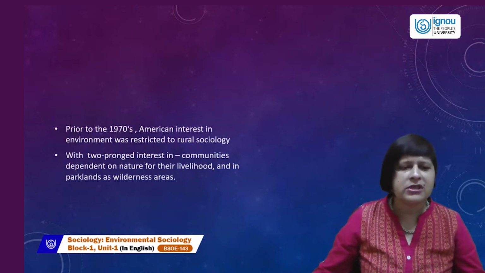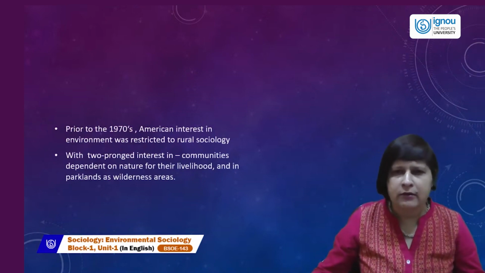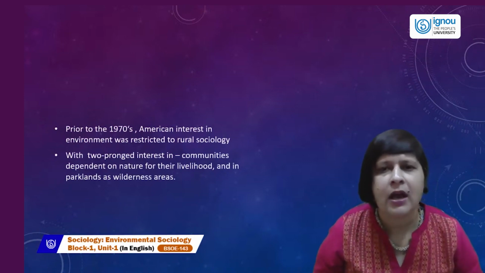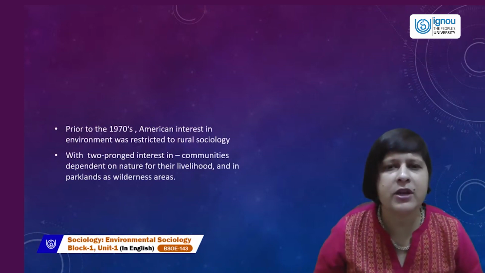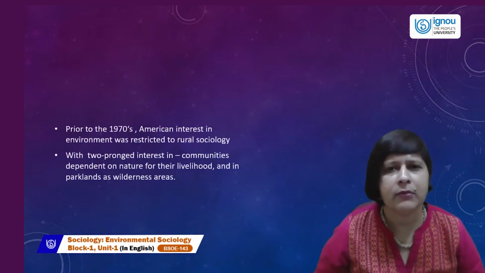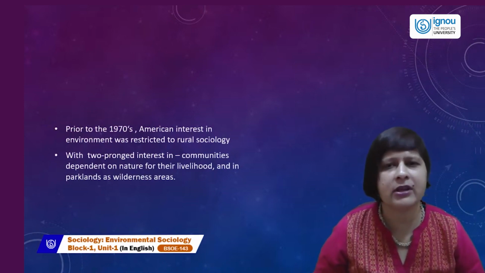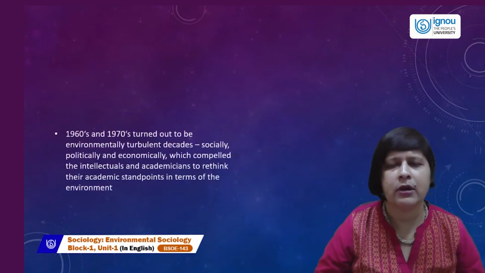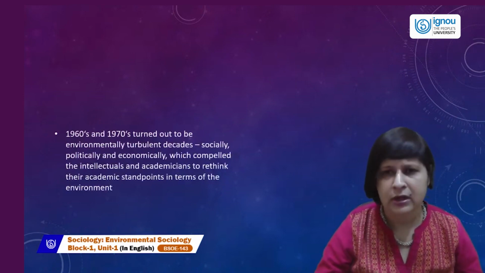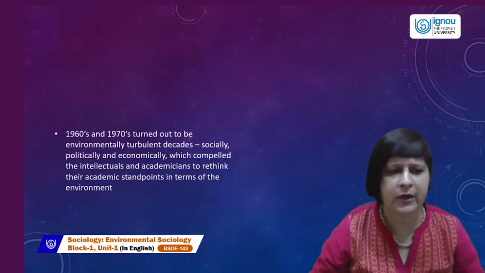According to the sociologists, the environment was just about how communities in the village depend on nature for their livelihood, right? So they were concerned about the environment in that way only.